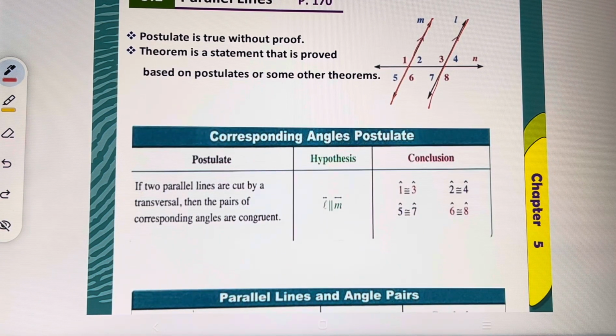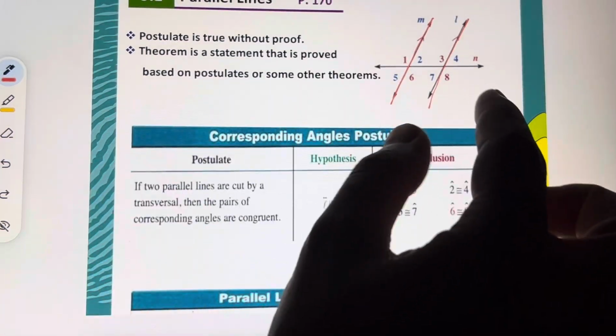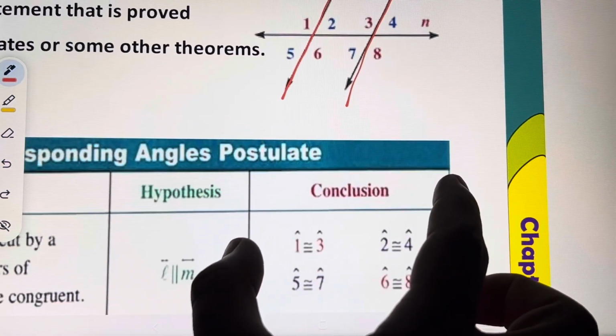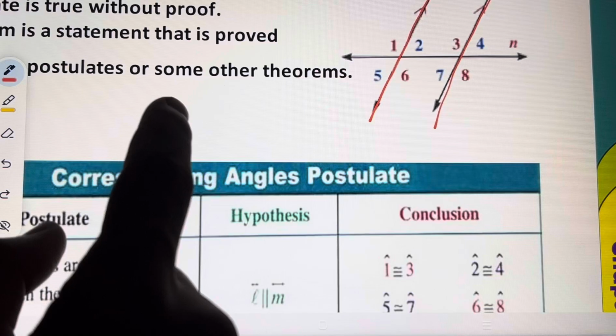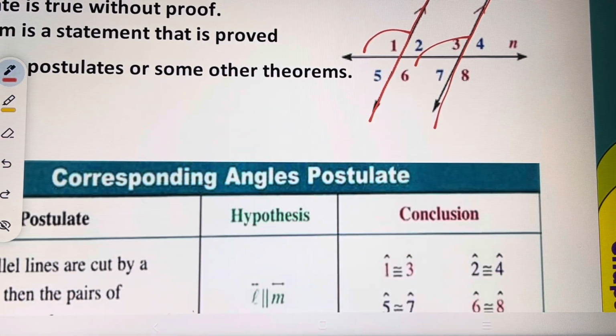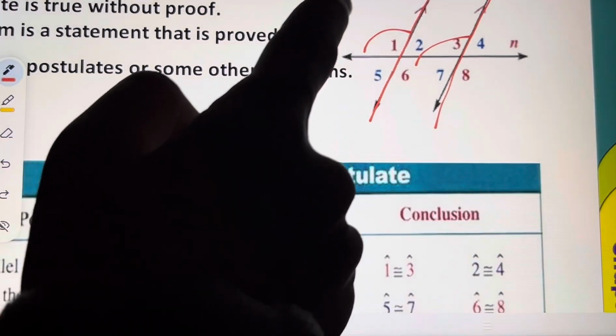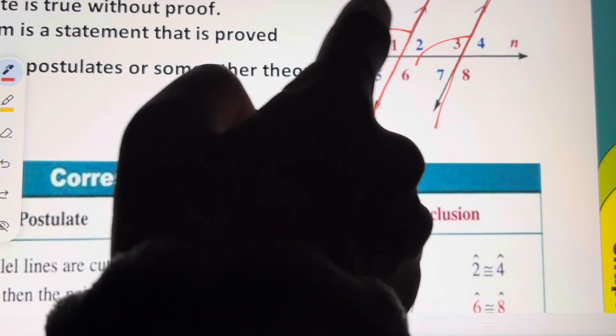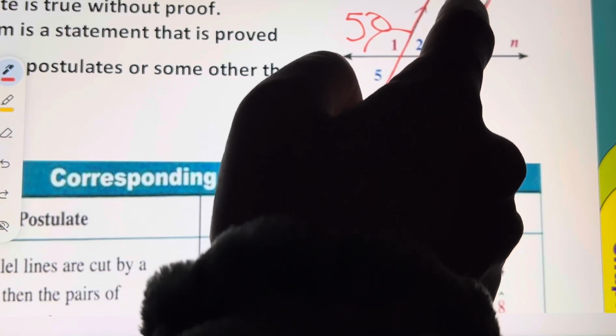What will happen is that angle 1, take a look at the red parts, please. Angle 1 and angle 3 will be congruent to each other. That means if this one is 50 degrees, this one will also be 50 degrees.